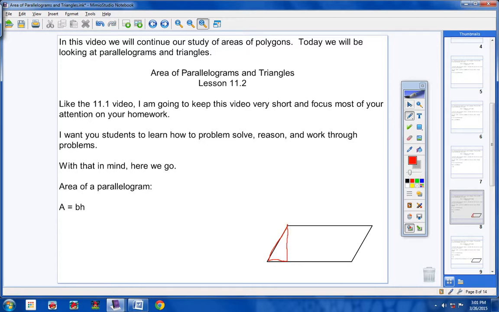If I were to cut that piece off and slide it right over here, I have a rectangle. Okay? So that means this piece here now is totally gone. So what I have is, well, I did not mean to do that, that's for sure. But what you have is a rectangle.